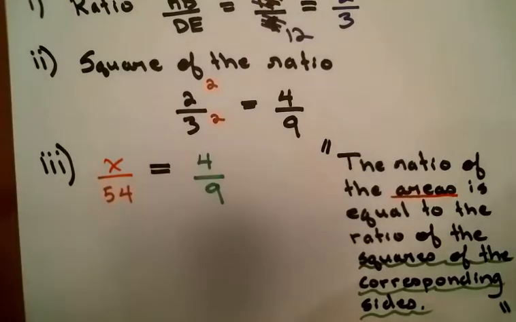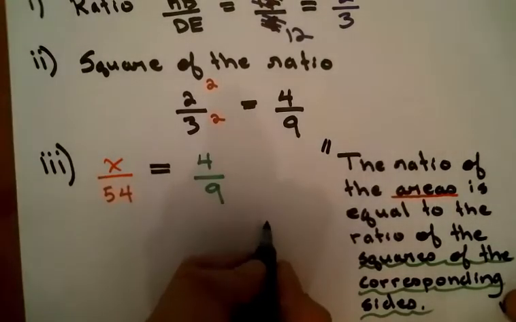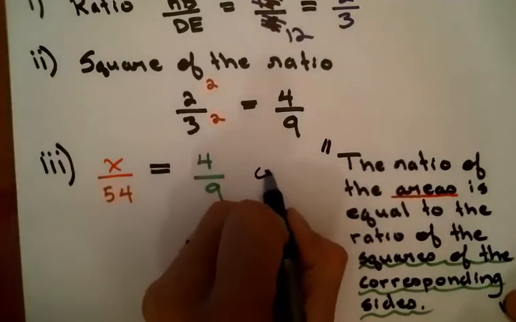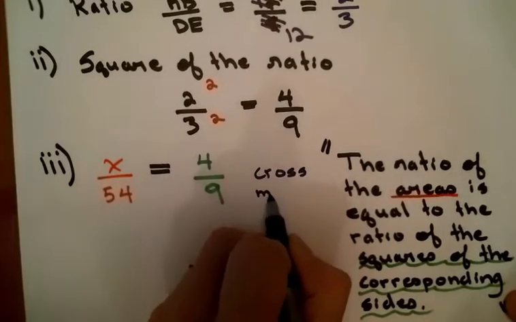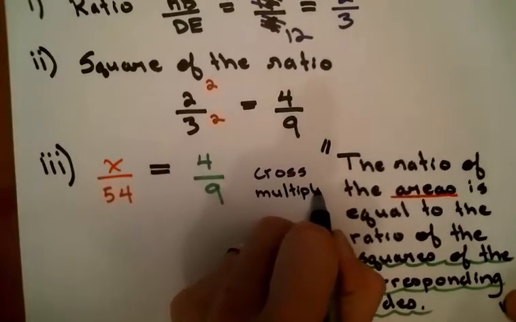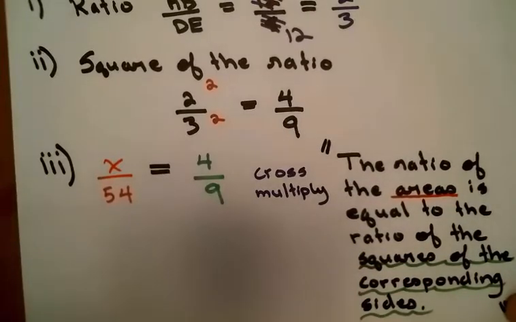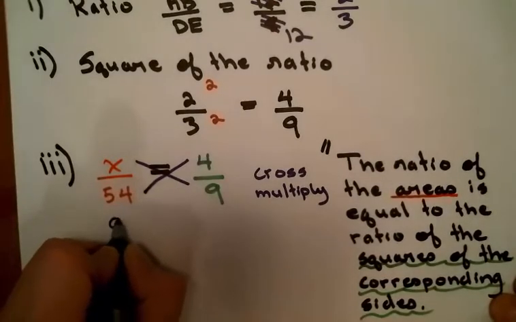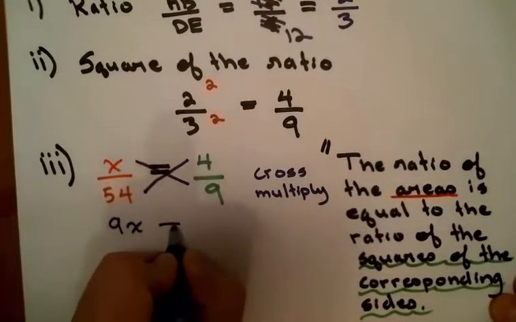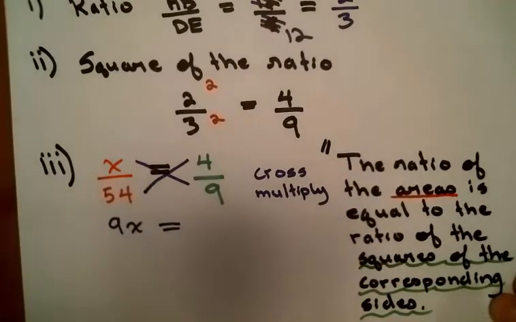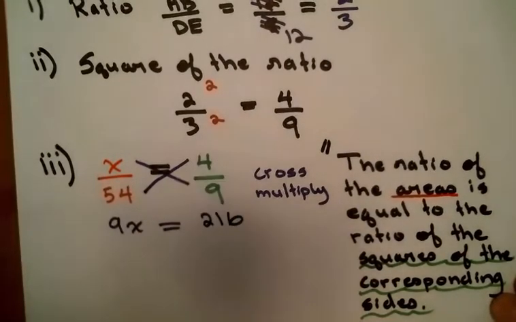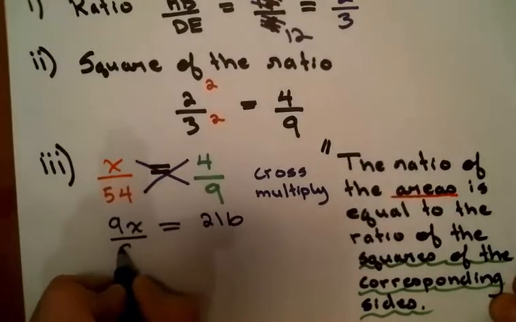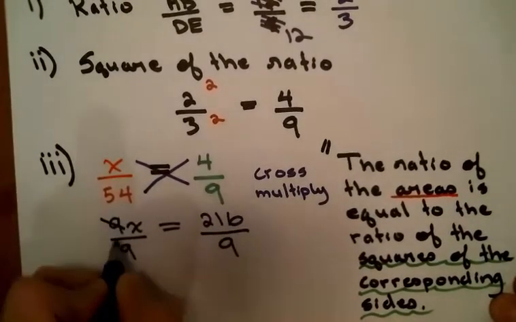And now we just need to move forward with the step we saw before, and that's called cross multiplication. So x will multiply 9, 54 will multiply 4. x times 9 is 9x, and 54 times 4 is 216. You can divide out 9. It cancels.